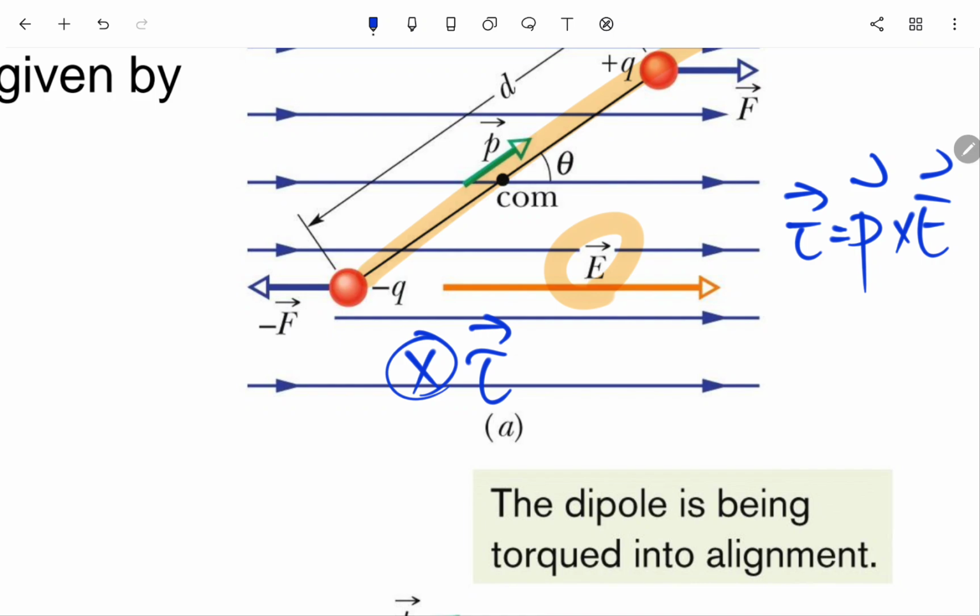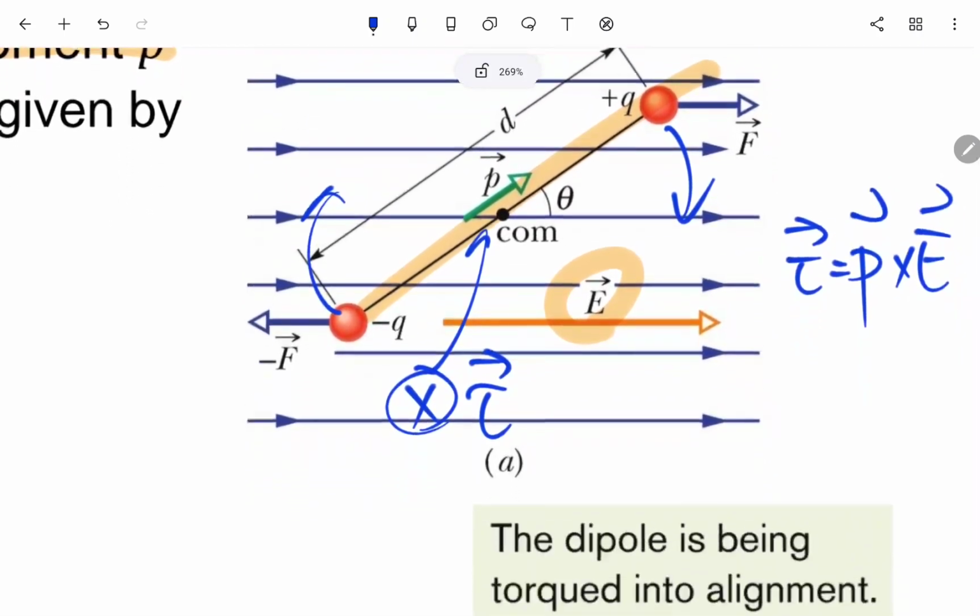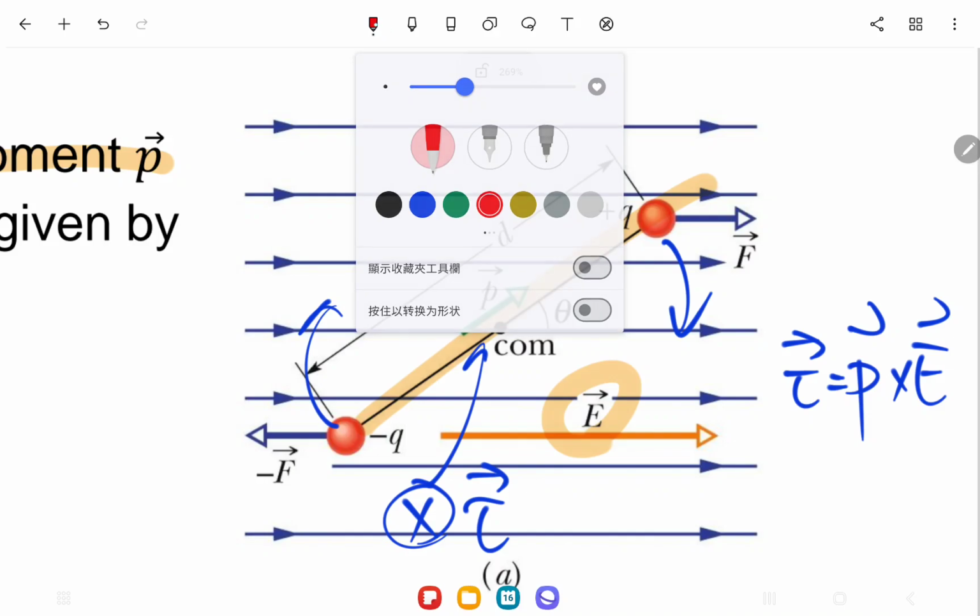Of course, I should write it on this dipole, but this tau is pointing into the page. What does pointing into the page mean? According to the right-hand rule, at this moment the dipole will be rotating clockwise, and it will swing somewhere to here.